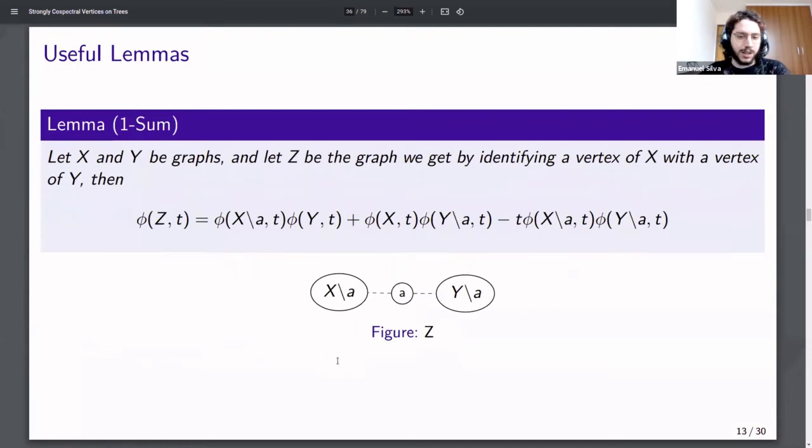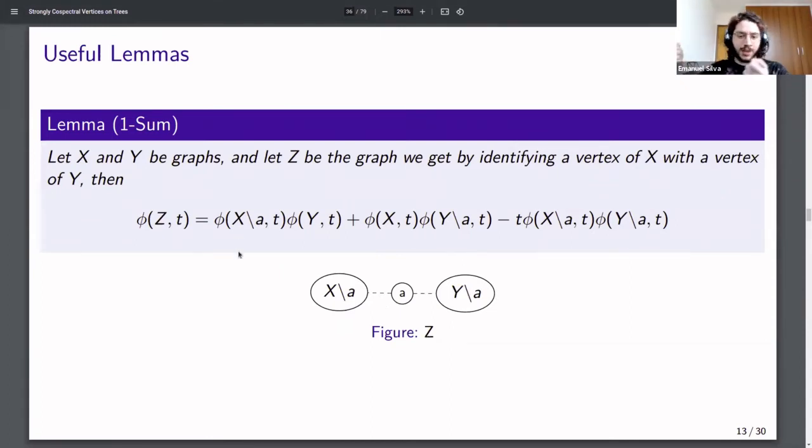And the second lemma is the one sum lemma. So here we have a graph X and a graph Y. We pick a vertex a from X, and we identify this vertex with another vertex a from Y. So in this case, if we delete vertex a, we're going to be separating the resulting graph into two components, one containing X minus a and the other containing Y minus a.